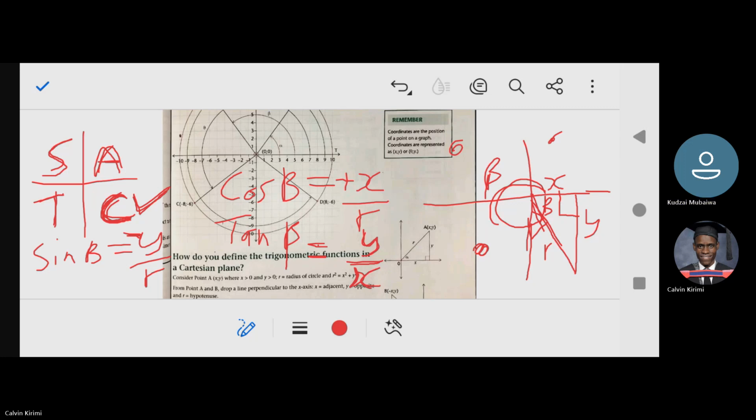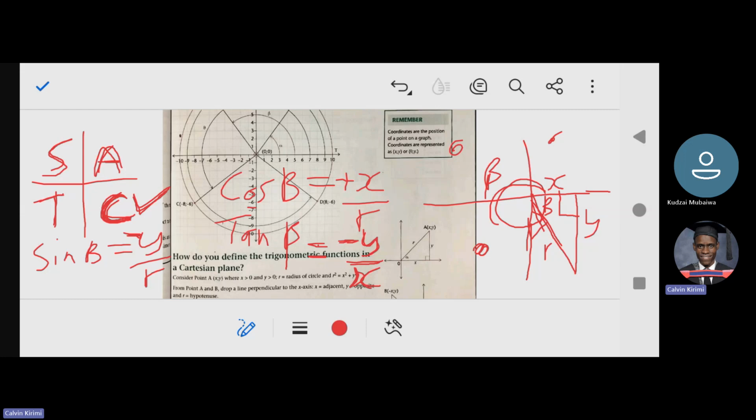No, sir. So what is the answer? Y over negative X. Yes, you can say Y over negative X, or you can say minus Y over X. It's still the same. But I must see the negative somewhere, because only cos is positive.